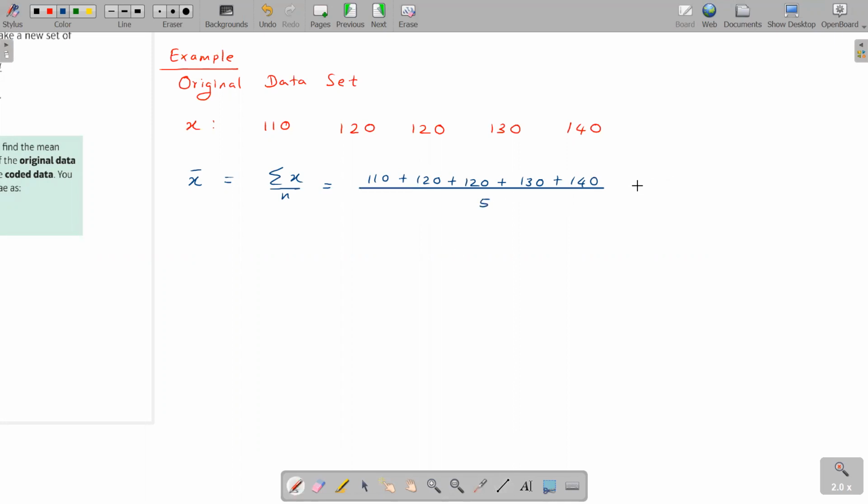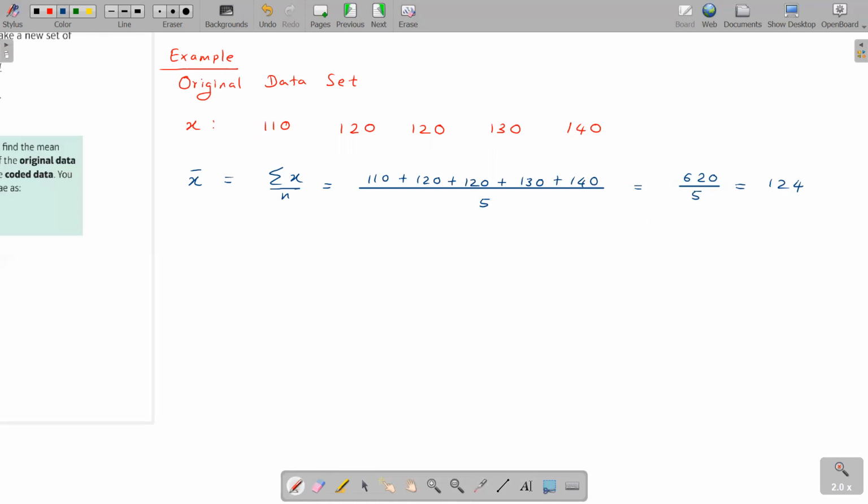N is 5. The addition is 620, divided by 5 gives 124. So the mean of the X data set is 124.